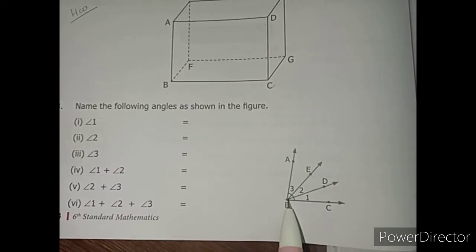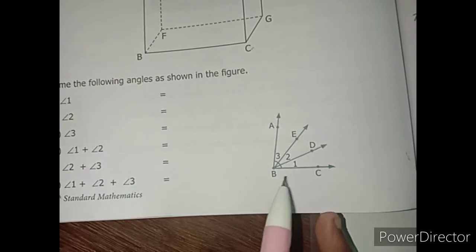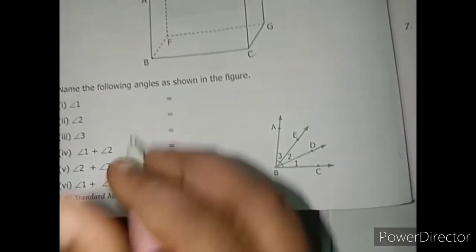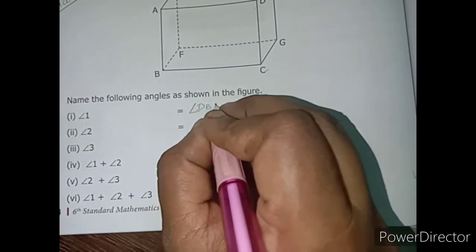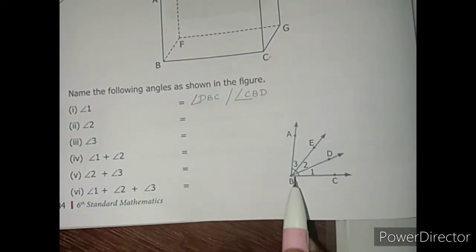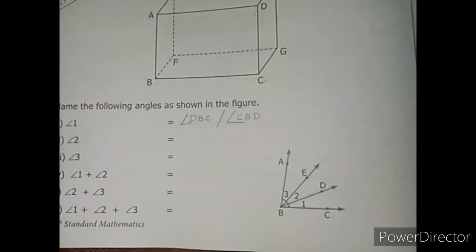So this is the vertex. What is the vertex? B is the vertex. So what will be angle 1? Either DBC or CBD. So angle DBC or CBD. The vertex point should always be in the middle.